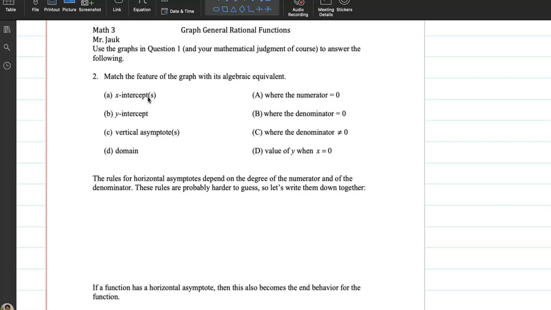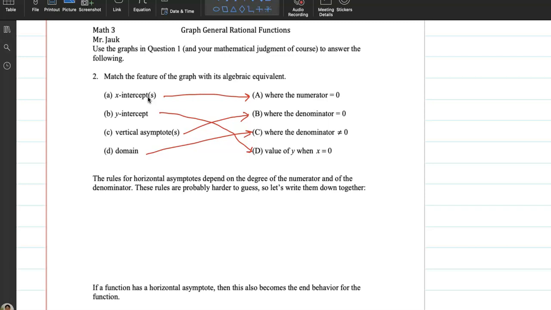It is the x value when you make the numerator equal to 0. Y-intercept is d. Vertical asymptote is b. Domain: where the denominator cannot be equal to 0.